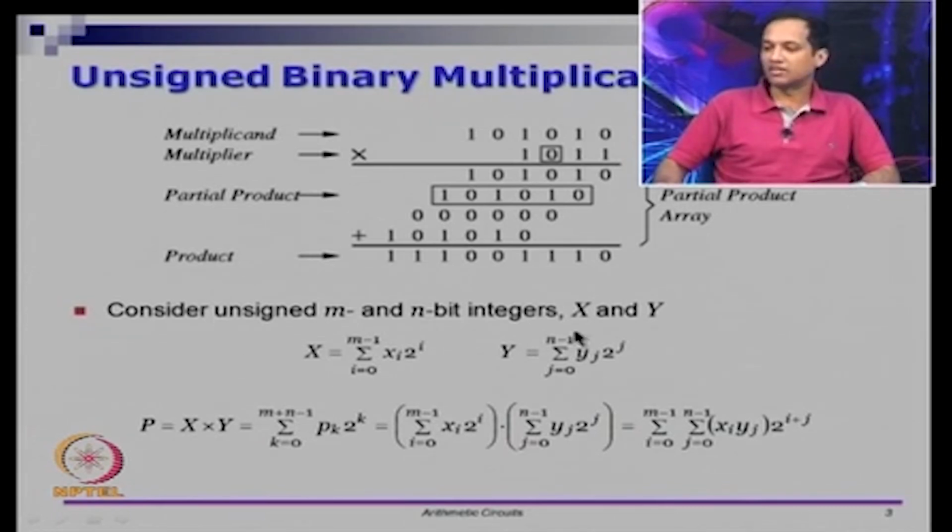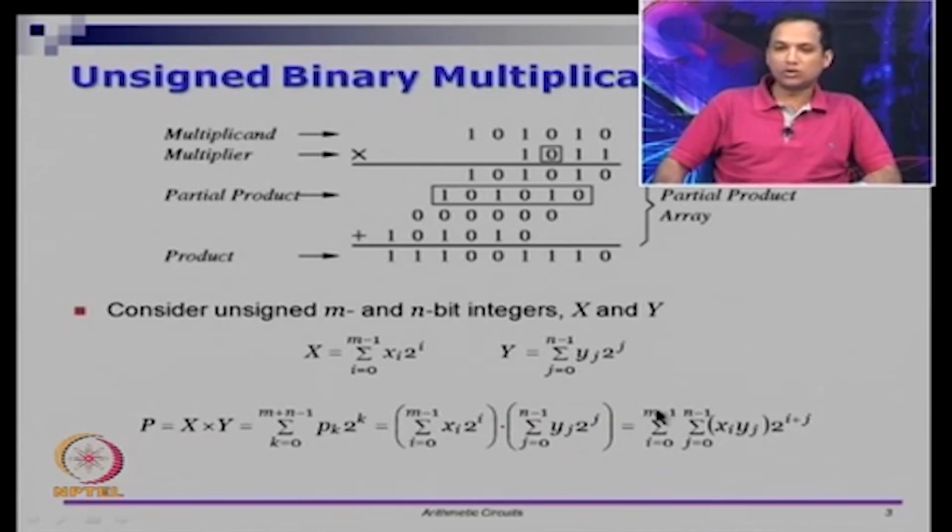For y again it is a positional representation. The product p, which is x times y, is the sum of pk into 2 power k, where pk is the partial product multiplied by 2 power k. If you want to expand it, it eventually is a double summation.